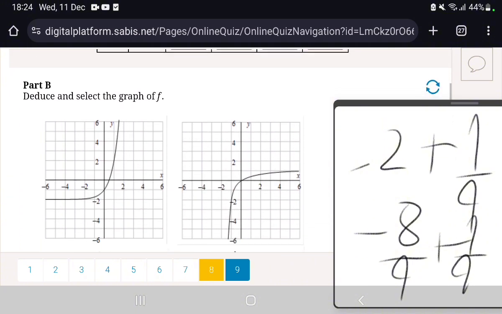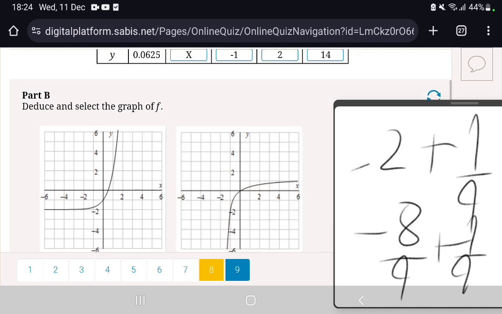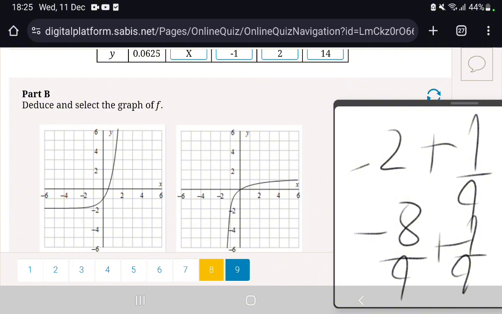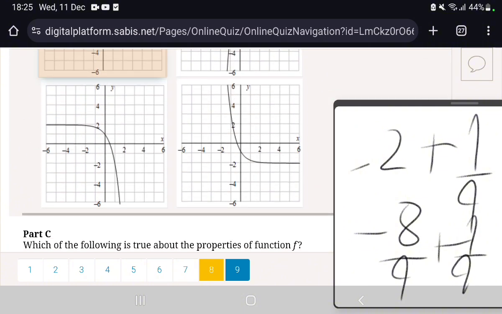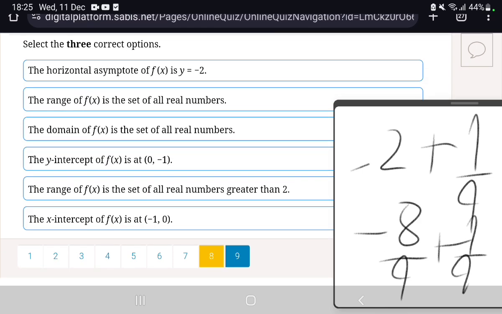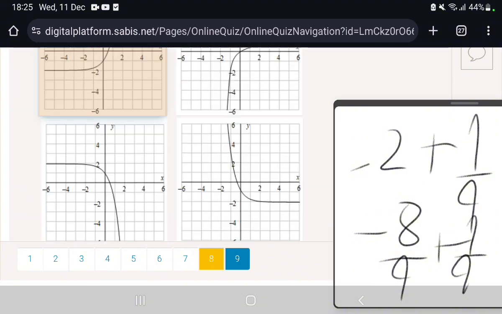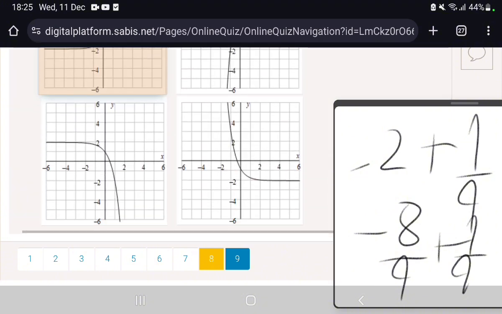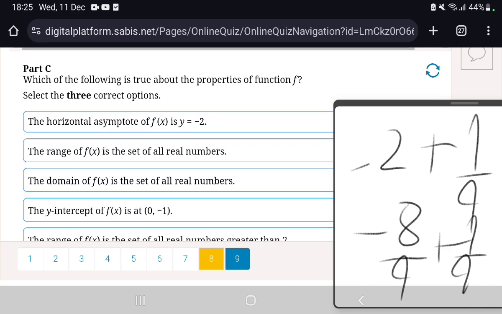So it's not this one. It could be, so 1, 2, yeah, it's this one. So the horizontal asymptote is, as we can see here, y equals 2, not negative 2.